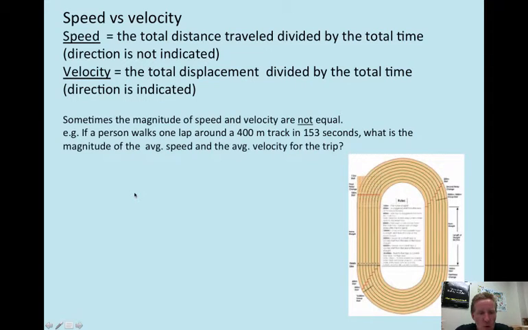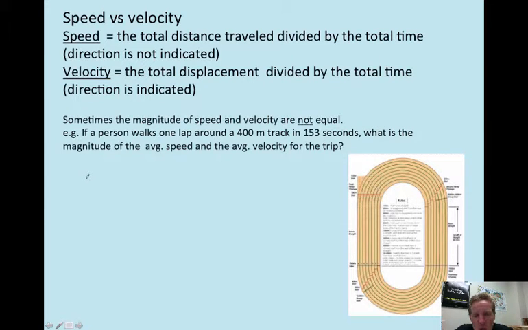So let's do a quick example of where the technicality is there, and whether or not it's really important is debatable. Sometimes the magnitude of speed and velocity are not equal.